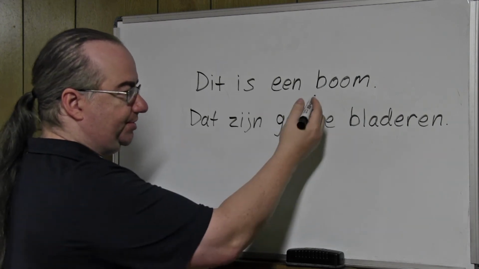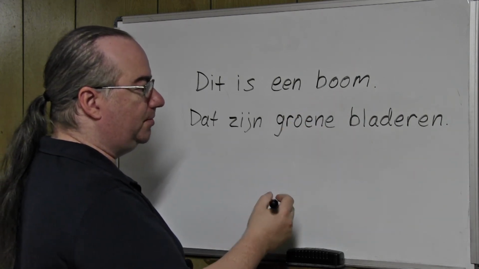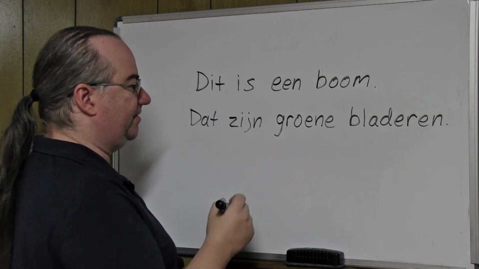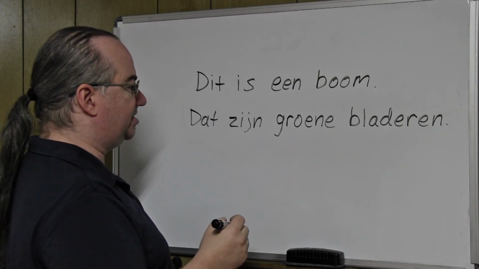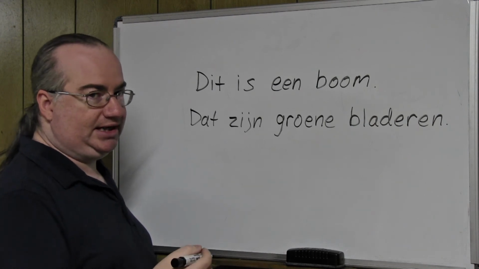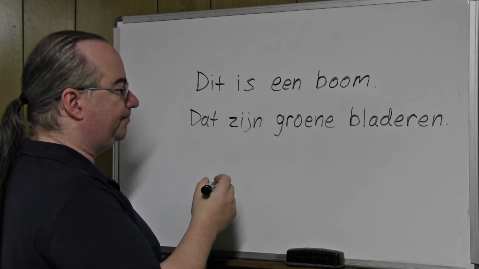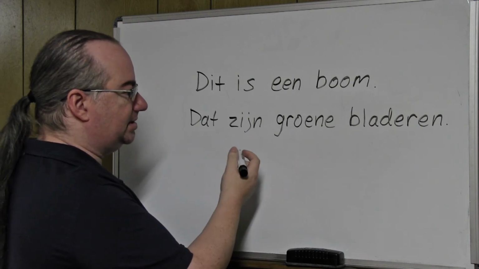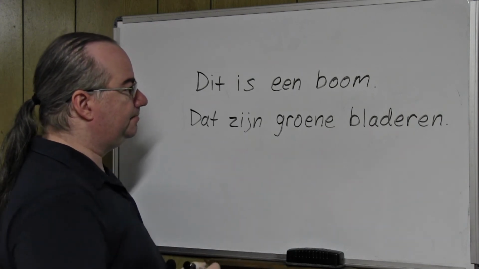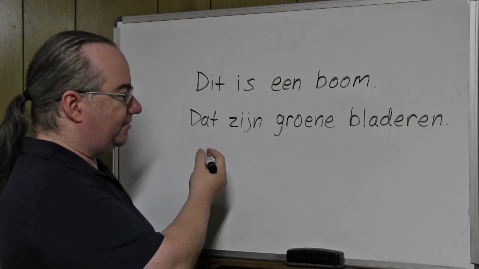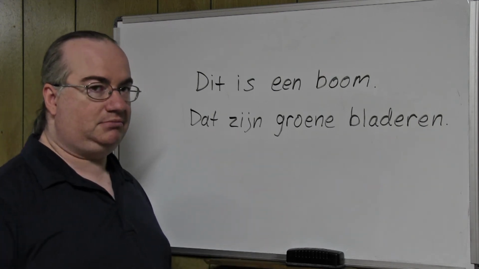Even if it's a de word, we're talking about like boom or bladeren. And it doesn't matter if there's an adjective here or not. So instead of saying deze or die, we're going to say dit is een boom or dat zijn groene bladeren. It does sound a little strange to hear someone say that are green leaves, but this is how it works.